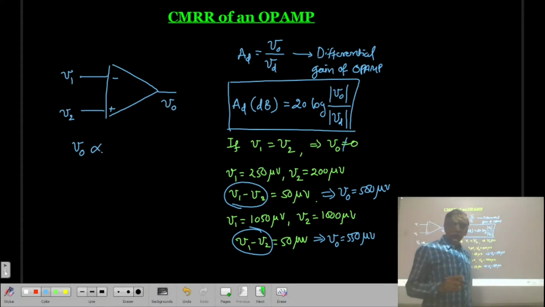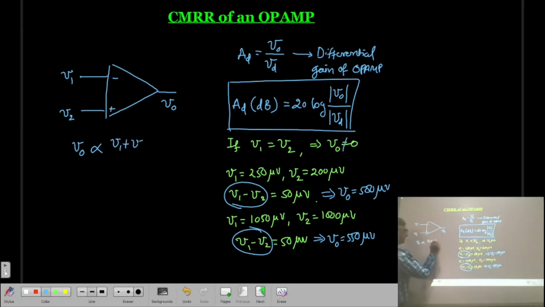It also depends on the average value of the two input signals, that is the common average signal, V1 plus V2 divided by 2. This average value, V1 plus V2 divided by 2, is known as the common mode signal.